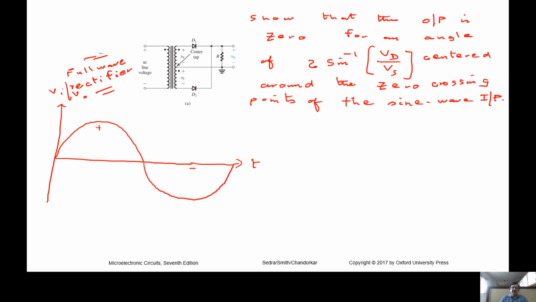Because one of the diodes is always on, we will be able to generate output not only in the positive cycle but also in the negative cycle, and the output will look like this.